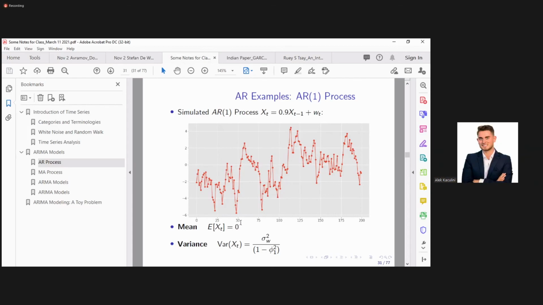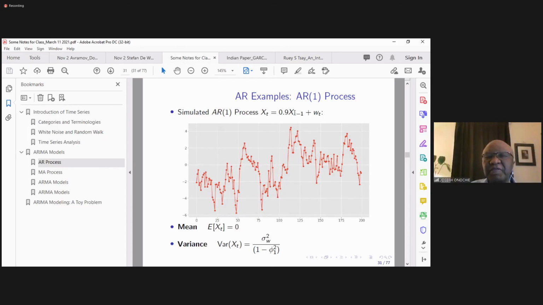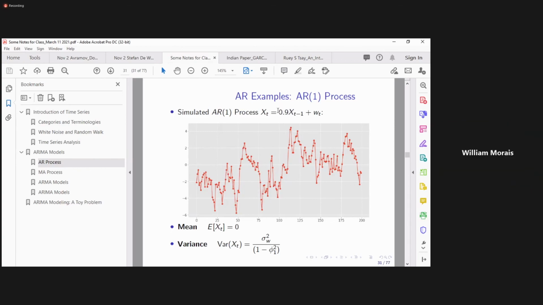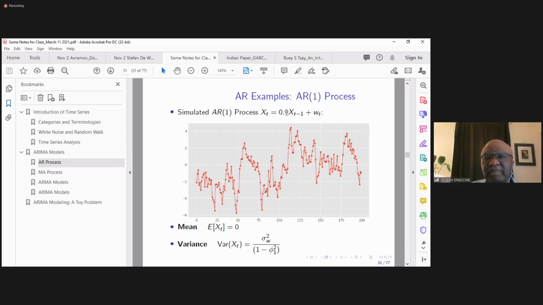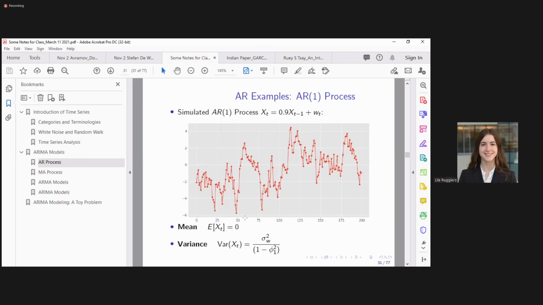Here the lag variable is x of t minus 1, and its coefficient phi1 is 0.9. So this AR1 series is equal to 0 plus 0.9 x of t minus 1 plus the white noise. Because that first constant is 0, the mean of this process is 0 divided by 1 minus 0.9. You see, that's why this is 0. Oh, I understand. Okay.